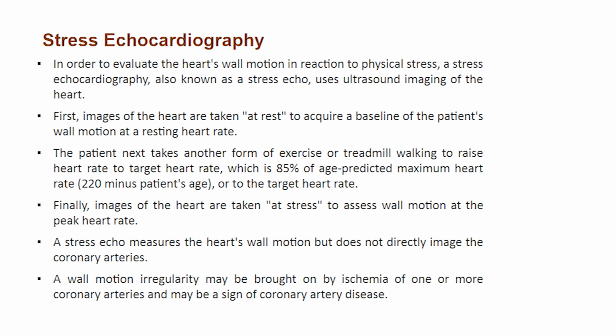The patient next performs exercise, such as treadmill walking, to raise the heart rate to the target heart rate, which is 85% of the age predicted maximum heart rate, that is 220 minus the patient's age. Finally, images of the heart are taken at stress to assess valve motion at the peak heart rate.